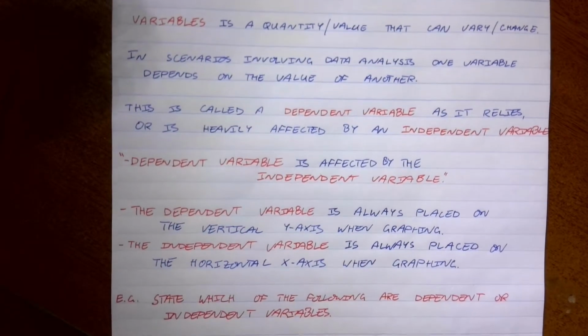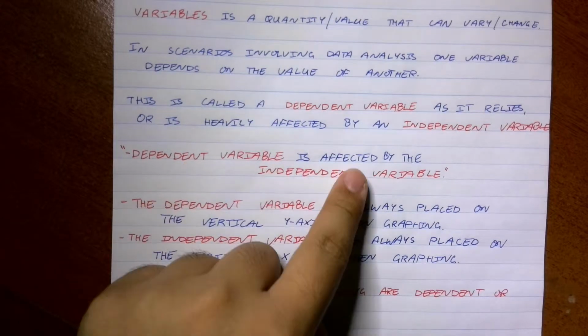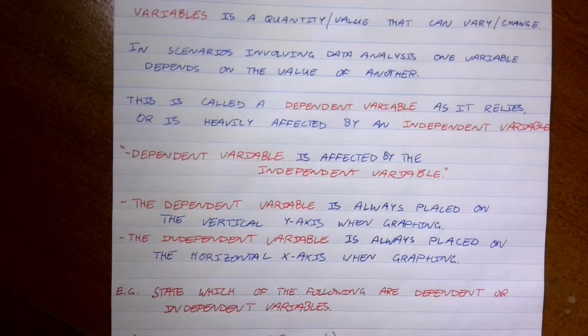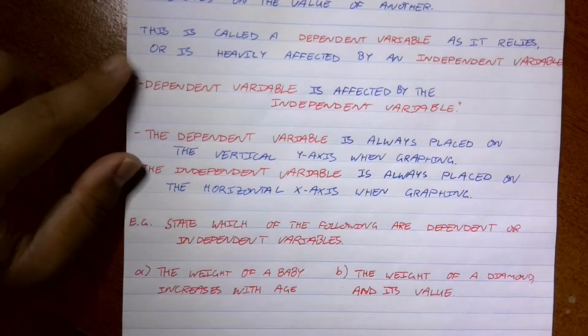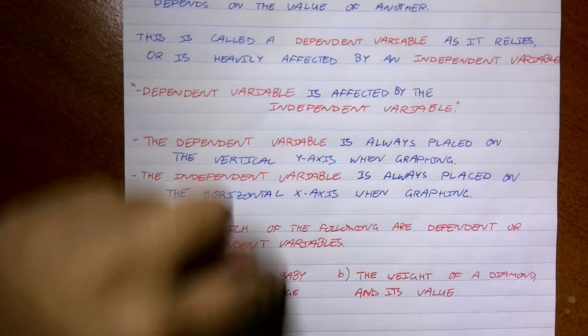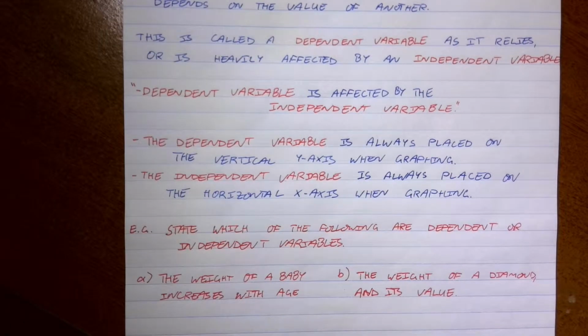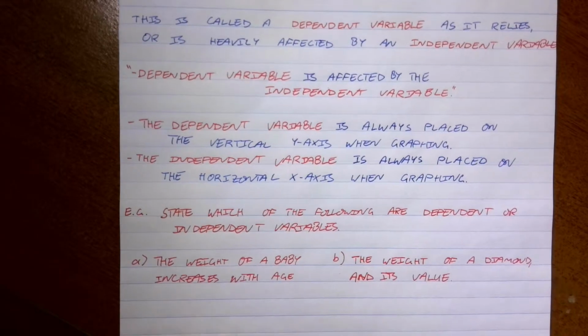So the main summary I want you to get from this is the dependent variable is affected by the independent variable. The dependent variable, when it comes to graphing, is always placed on the vertical y-axis, and the independent variable is always placed on the horizontal axis.